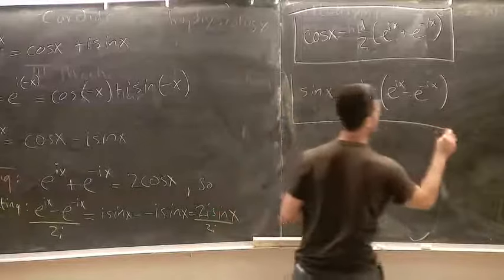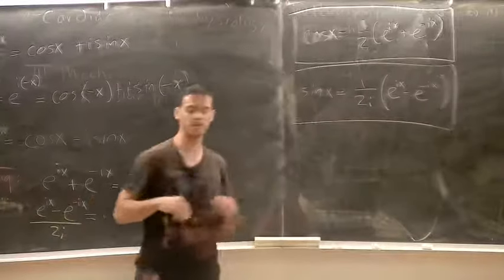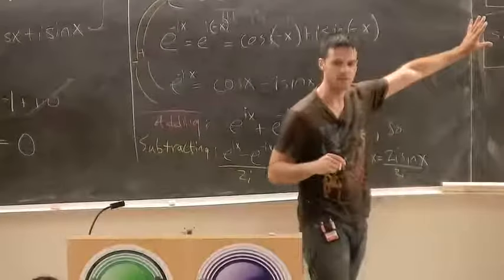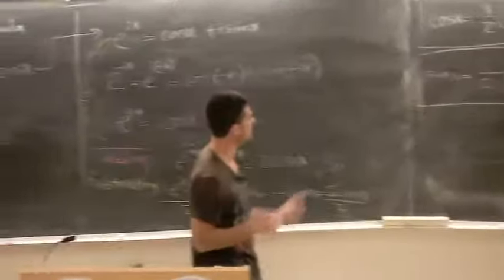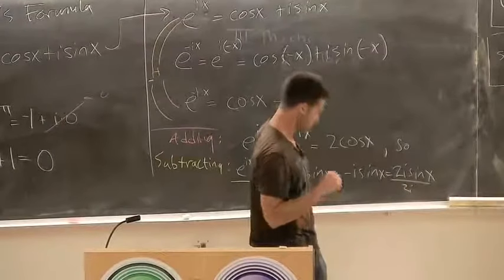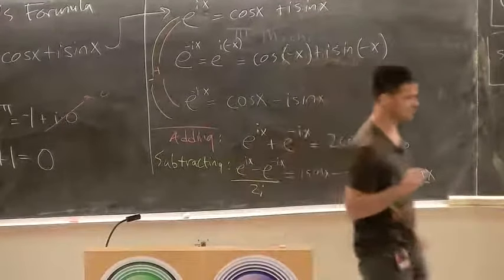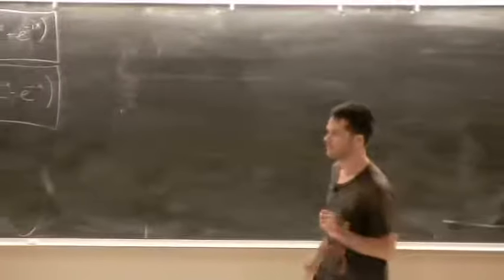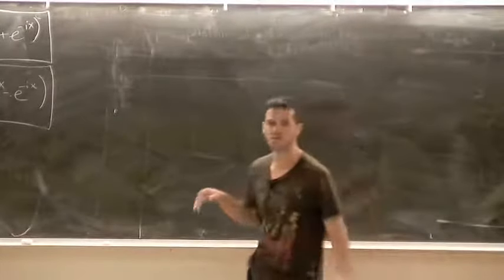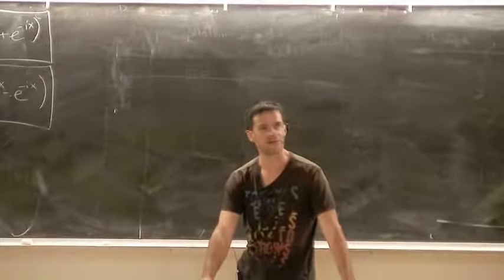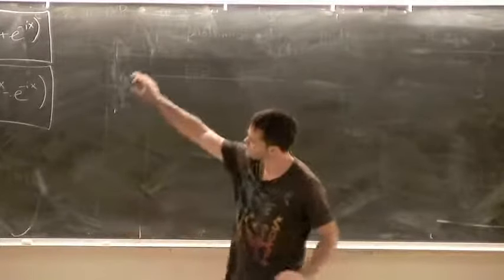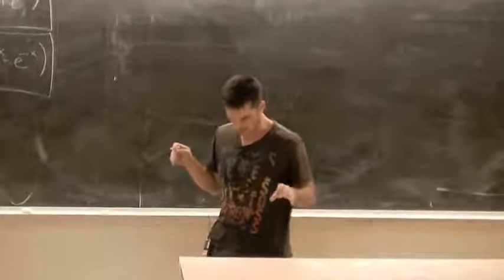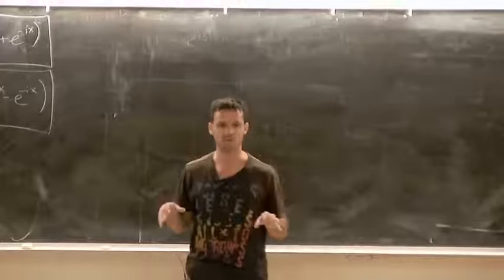All right. Some formulas in this class are totally worth memorizing, and these are among those. So I would say, memorize these 2 formulas. They're very useful. One of the things I was going to do on Friday, if I had had time, was tell you how useful they are.